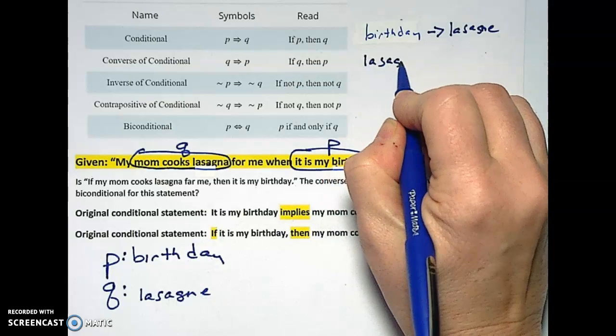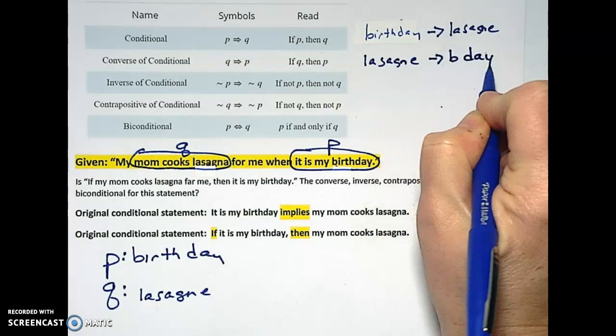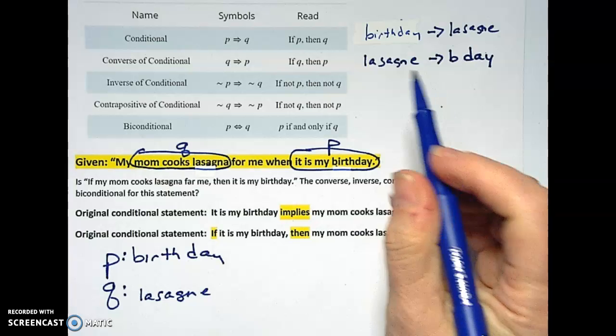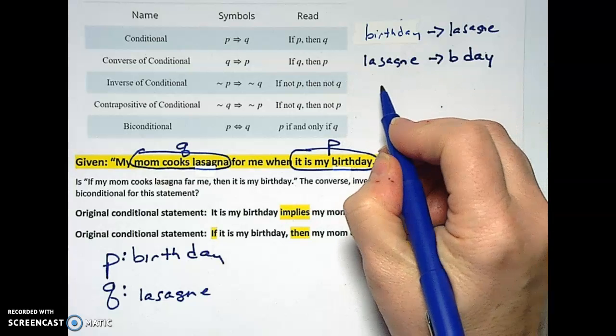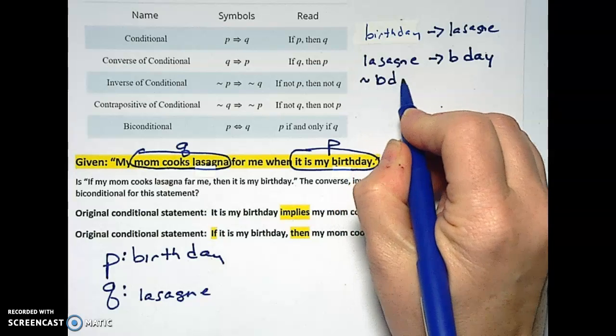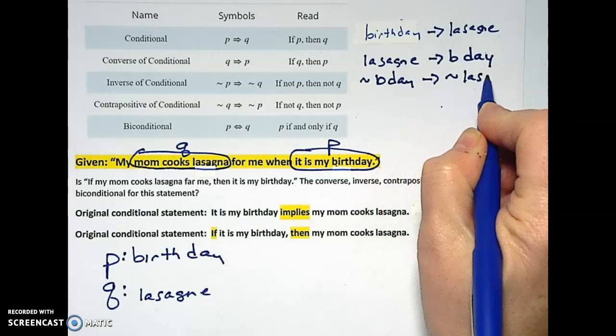Lasagna implies birthday. Now I'm not even writing out the word birthday because I love writing so much. And then the inverse is not birthday implies not lasagna.